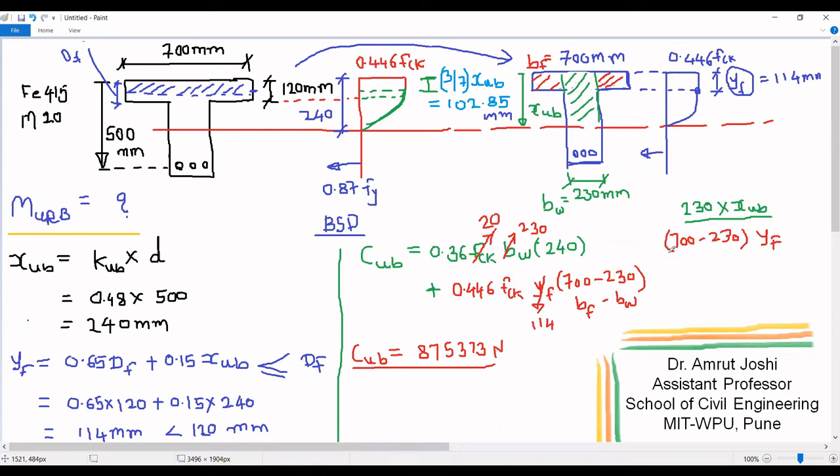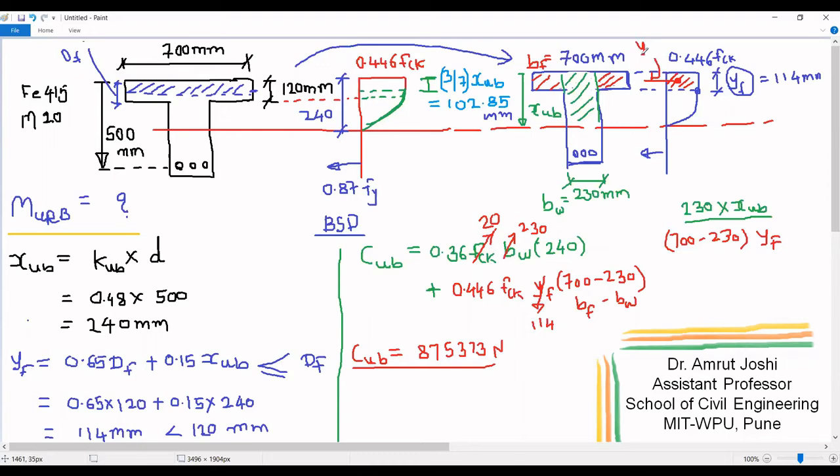Now the question is, where does this compressive force act? If you look at the compressive force provided by flange area 700 minus 230 into YF, over this entire area which is shaded in red color, the stress is constant, that is 0.446 FCK. So it is going to act at the centroid of this constant stress block, at distance YF by 2.